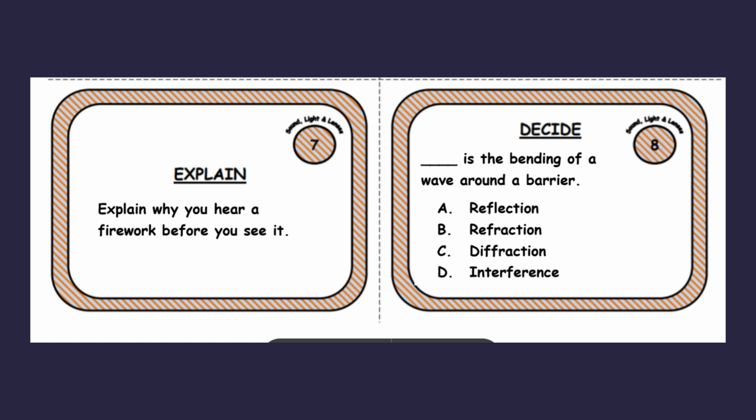Why do you hear a firework before you see it? Great question. I love this. I like to use the example of lightning for the same example here. The reason for that is that light travels faster than sound.